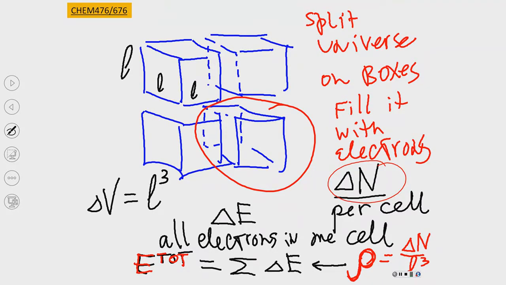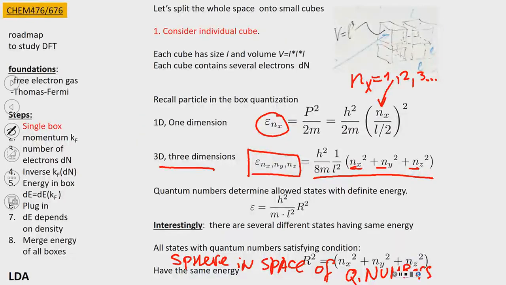So we know the number of electrons in a cube with size L, and we know that they do not interact and there are no ions. Do you have enough background to find energies of electrons sitting in a cube of a given size?